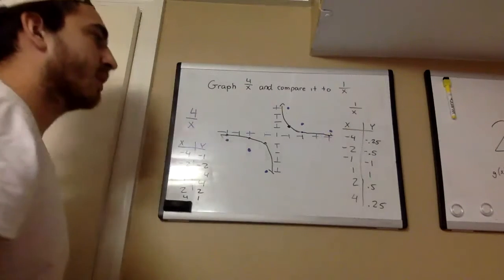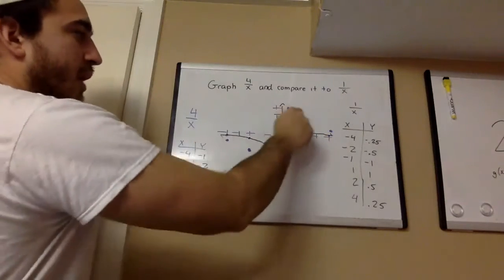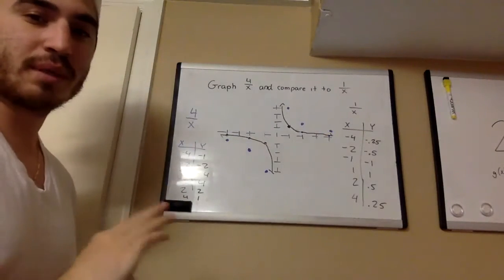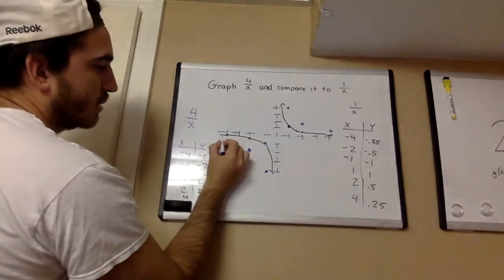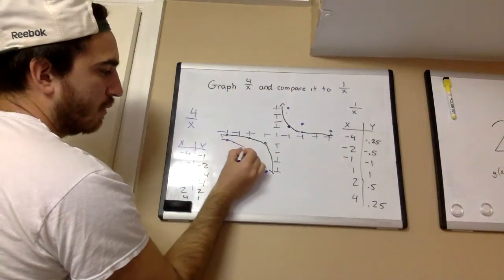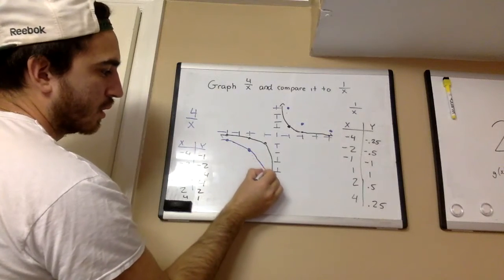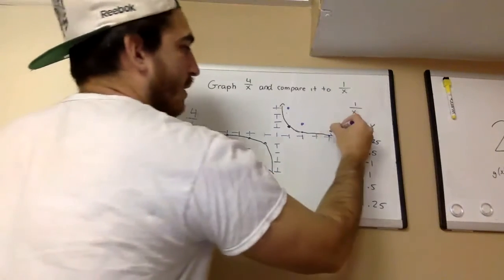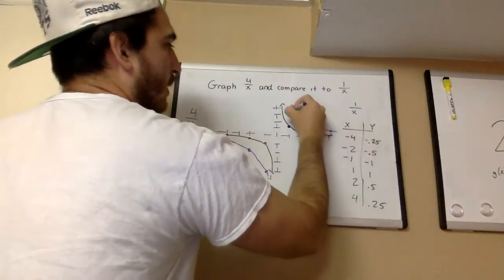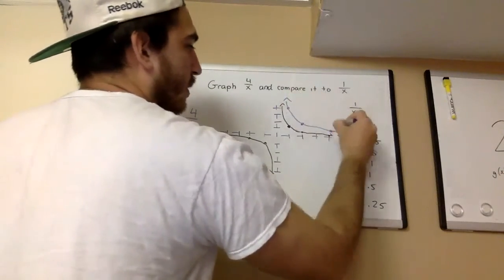Notice how these points are not going to connect with these points. It's going to be two separate graphs on one graph. So once I connect these points, I go like this with a curve. Yours should be a little bit better than mine. Mine kind of stinks, but it's okay. Same thing: do a curve, do a curve.